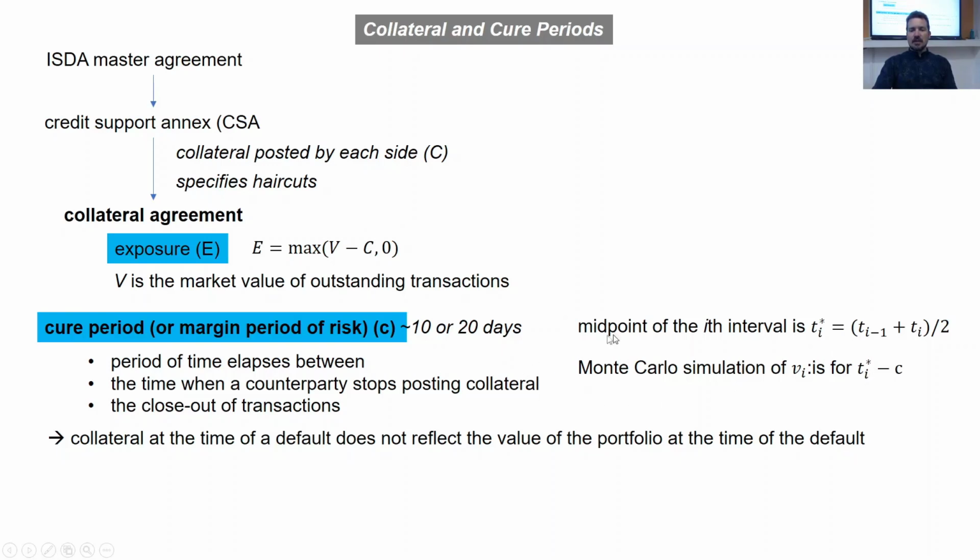And also they are trying to simulate the value of the position for this time period, and after that we can see that the collateral at the time of the default will not cover the portfolio. So there will always be some kind of disparity because this whole assessment is not happening in real time.